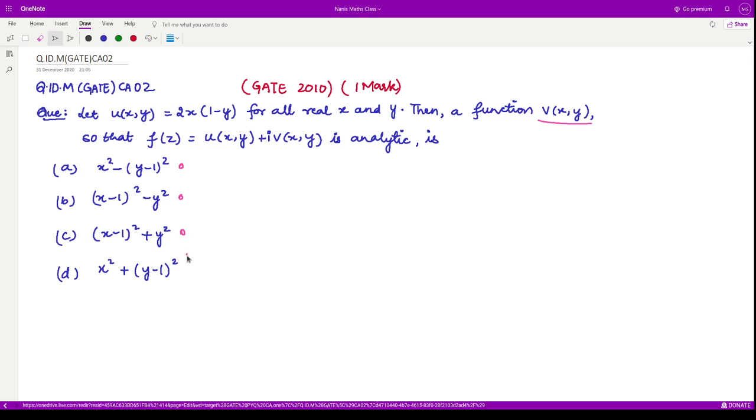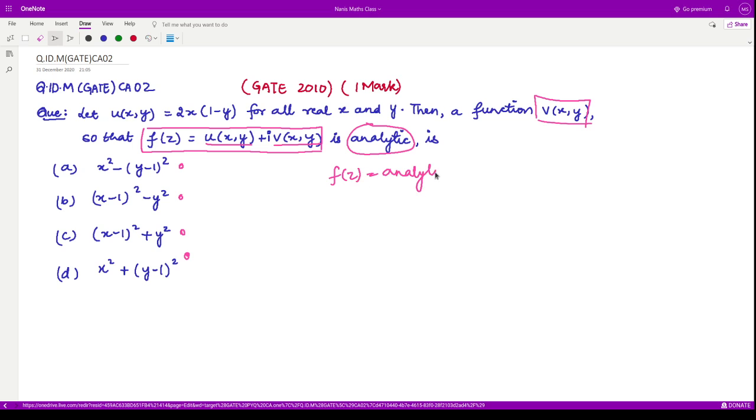Out of these four, what is this function v of x y, such that this f of z, consisting of u as the real part and v as the imaginary part, is given to be an analytic function. So here the given condition is that this function f of z is analytic.